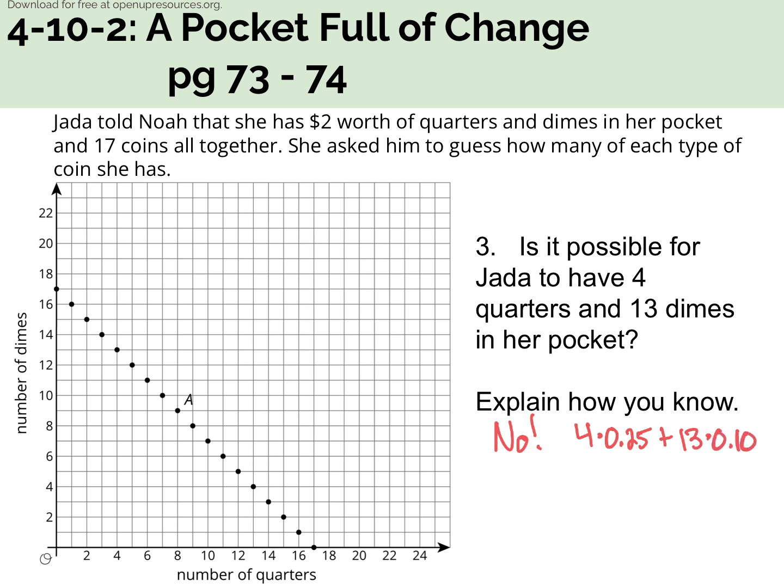Again, let's put this in our calculator. 4 times 0.25 plus 13 times 10 cents. Well, that's going to be $2.30. What are we actually looking for? Jada is looking for $2, right? So does this work? No, it's $2.30. She can't have a combination of 4 quarters and 13 dimes.